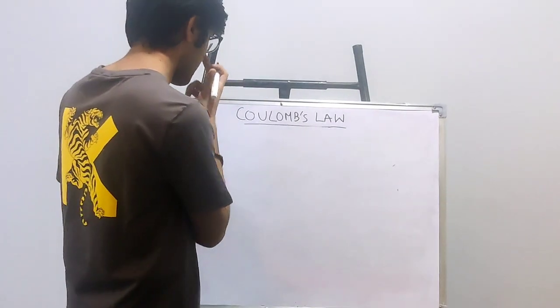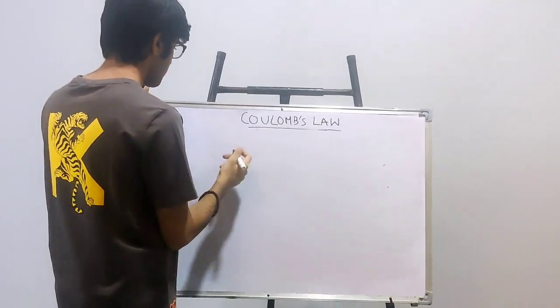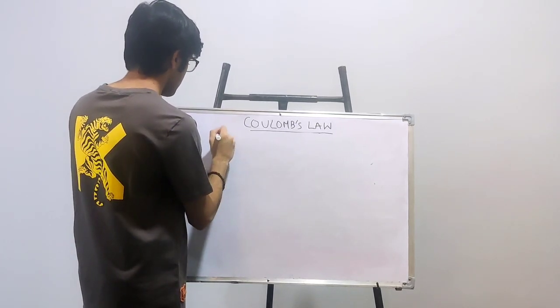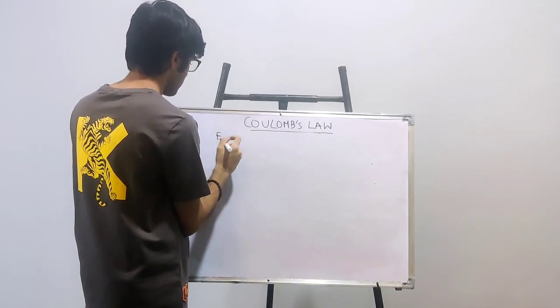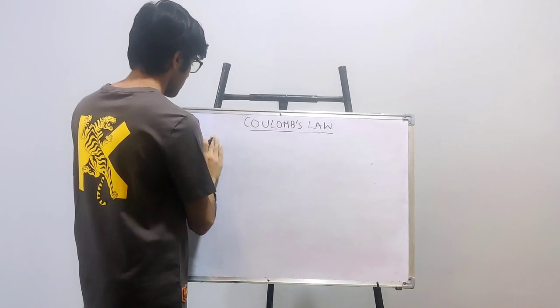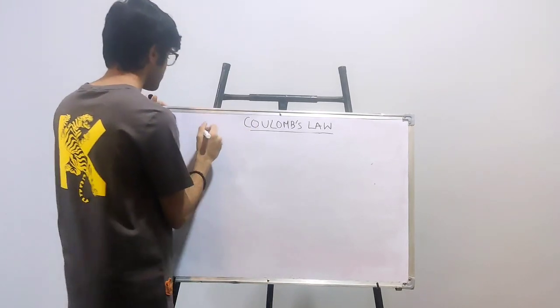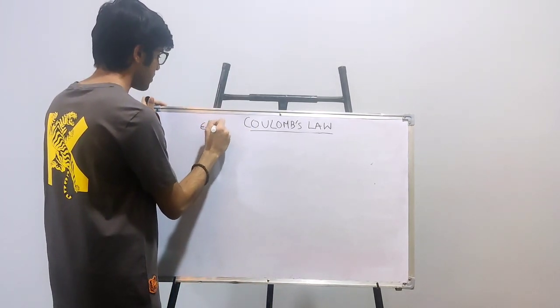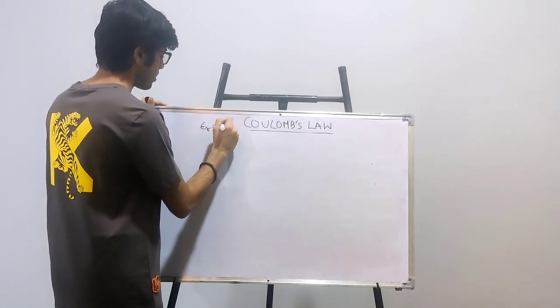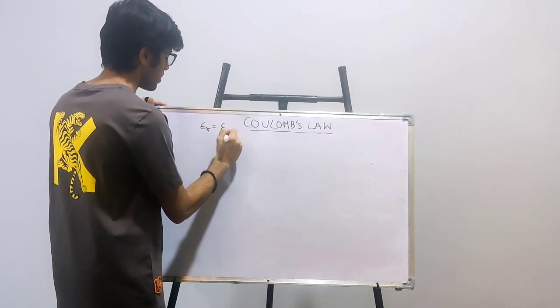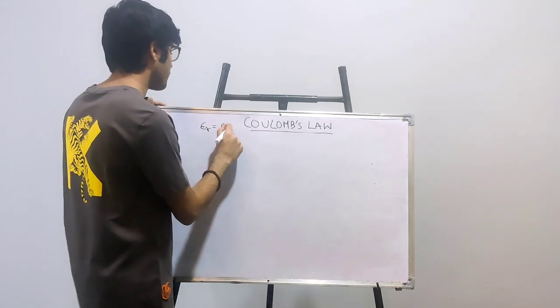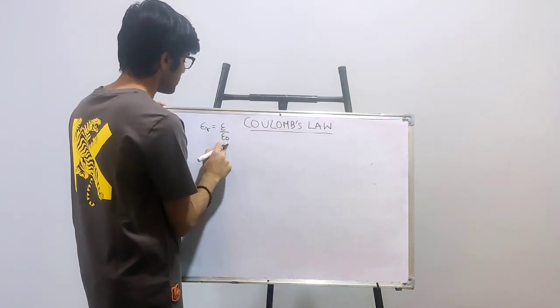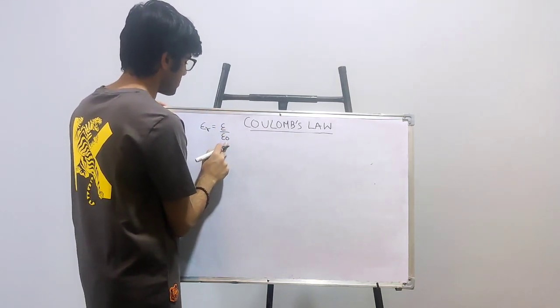Now when we talk about relative permittivity of a medium, I'll just first write the formula. The relative permittivity of a medium, epsilon R, is epsilon upon epsilon naught. Epsilon is the permittivity of that medium, and epsilon naught is the electrical permittivity of free space.